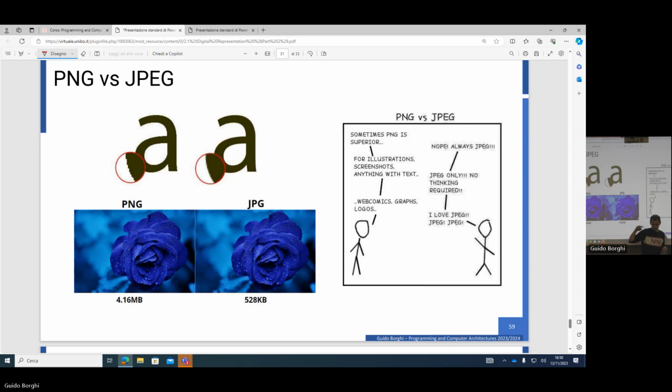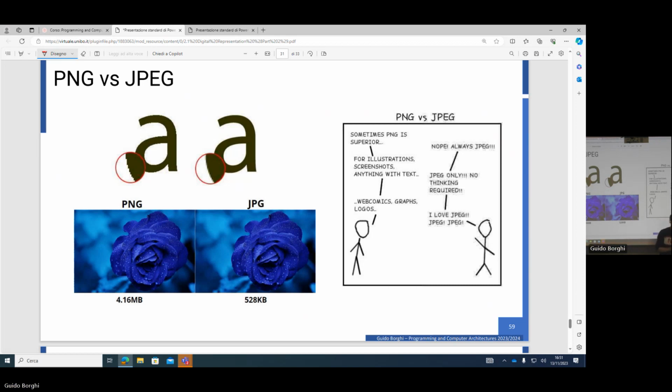While with JPEG, we have a very similar visual quality, but the space is only around 500 kilobytes of information. That's why if you buy a new Canon or Nikon camera, usually one of the default formats set in your camera is JPEG, since you can save a lot of different photos on your SD card, and the quality is pretty good.